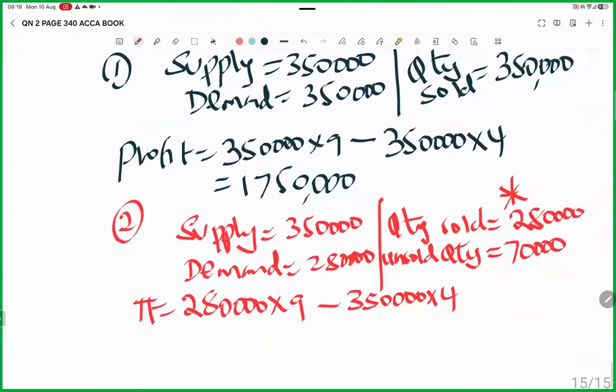And then unfortunately, we have quantity which is unsold. What happens with this unsold quantity? We must carry these things and throw them at Dandora dump site. And we are told the disposal cost is 0.5 per bag. The examiner here was very explicit.